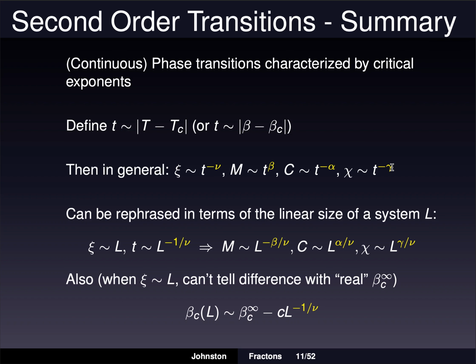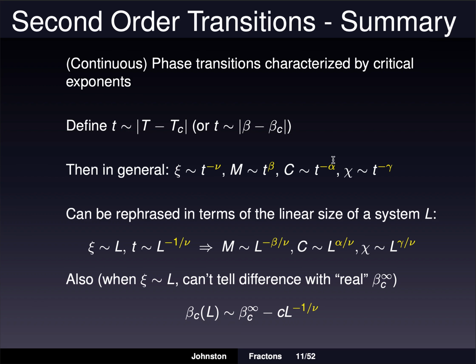And from scaling relations and assumptions about the homogeneity of the free energy, it's possible to show that there are various relations between these different exponents, and in the end, there are only two independent critical exponents. In effect, one's telling you about the energetic behaviour of the model, and the other one's telling you about the magnetic behaviour of the model.